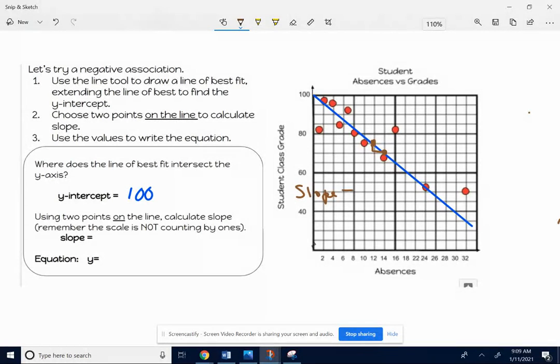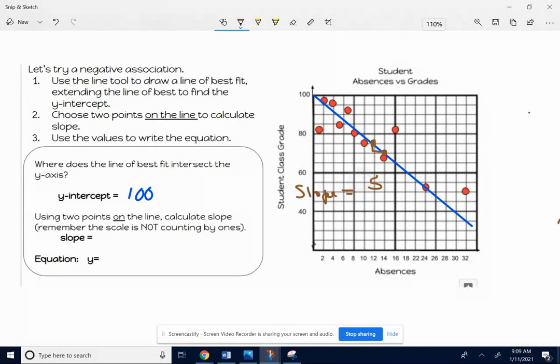My rise over run, I'm going down one space, over one space. But down one space, look at your scale. This is 60, this is 80, this is 70. So it must be 65, 70, 75, 80. So you're going down 5. I'm assuming when they say grade, they're talking points.